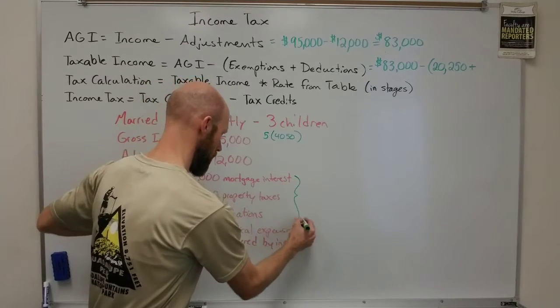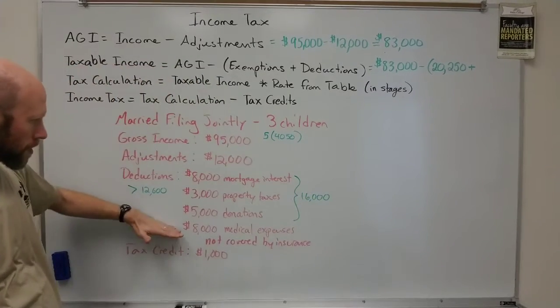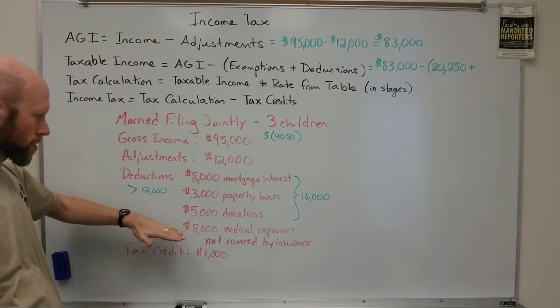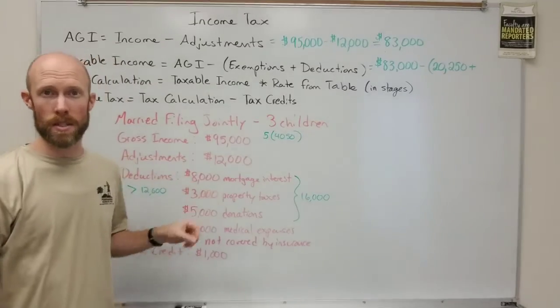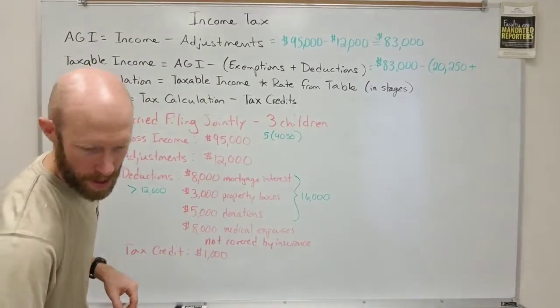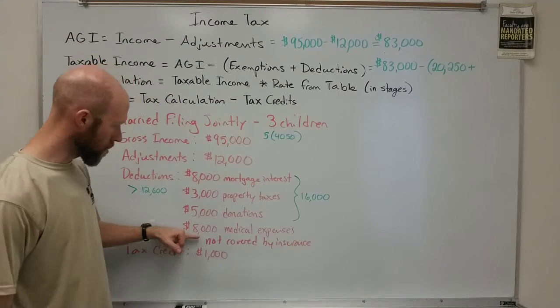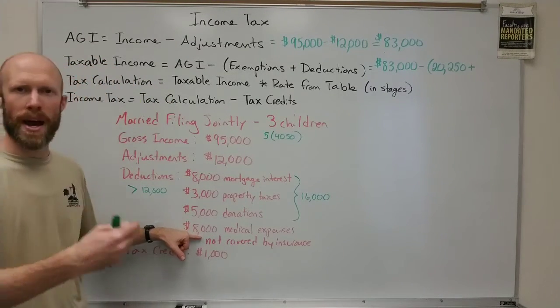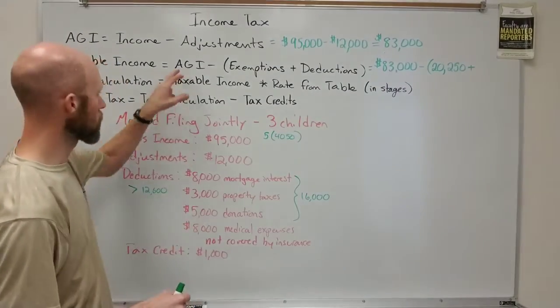So just in those top 3, that's $16,000. However, the medical expense is not covered by insurance. There's $8,000 there, but not all of that gets factored into your deductions. In fact, it's only the amount of this that surpasses 7.5% of your original AGI.